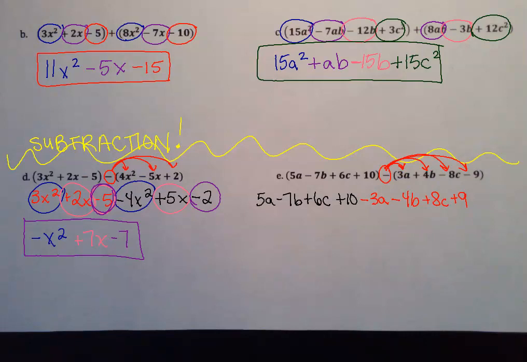Now that we've distributed the subtraction, we can combine like terms. So the first term is an a. We have 5 a's. Okay, and now we have negative 3 a's. What's 5 and negative 3? Perfect. That's 2a.